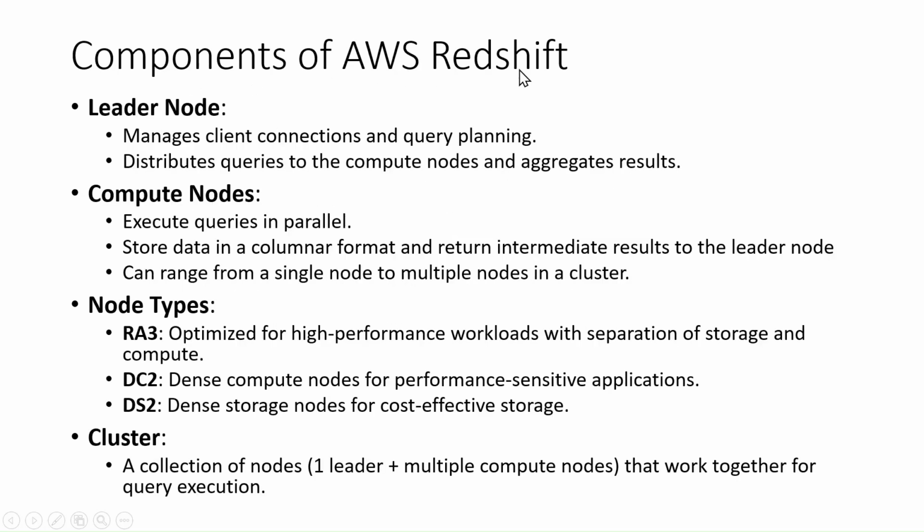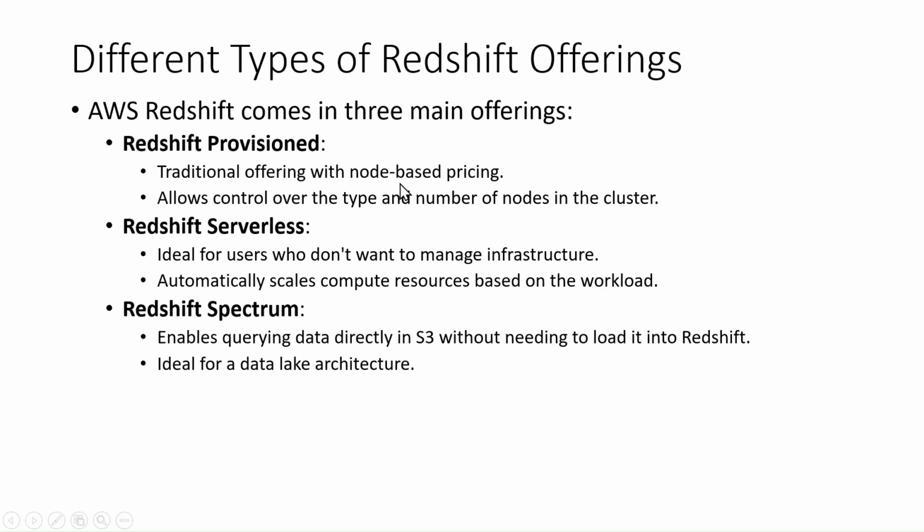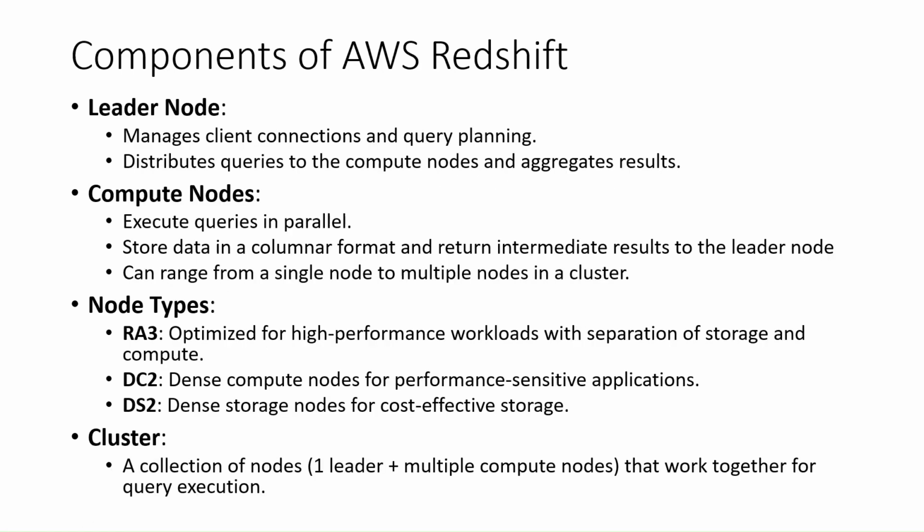So next are the components of AWS Redshift. We just understood the different kinds of Redshift. We'll try to understand what common things we have in AWS Redshift while we start creating it. First is the leader node, that manages client connections and query planning, distributes queries to compute nodes, and aggregates results.